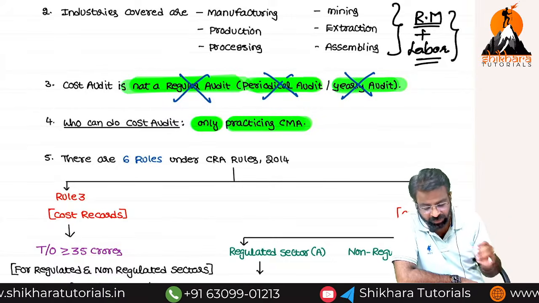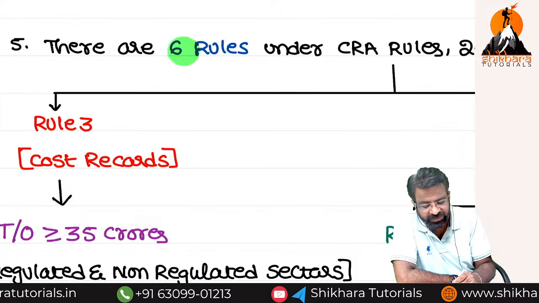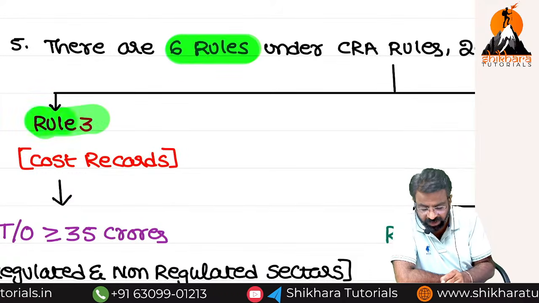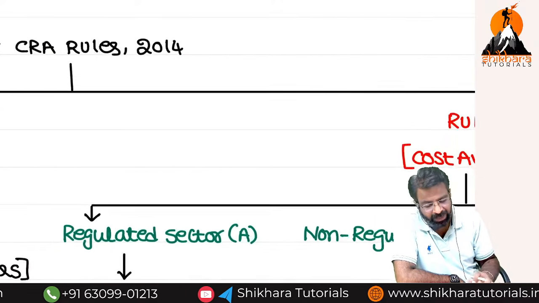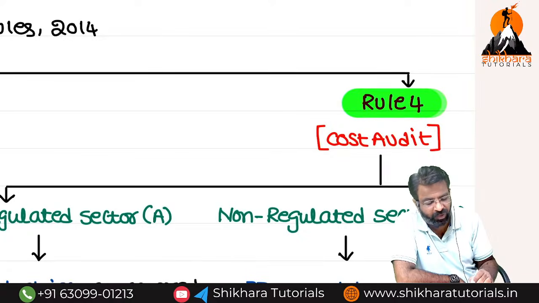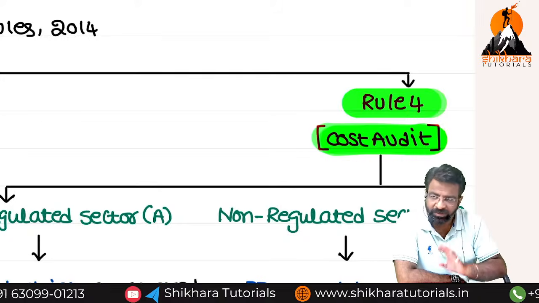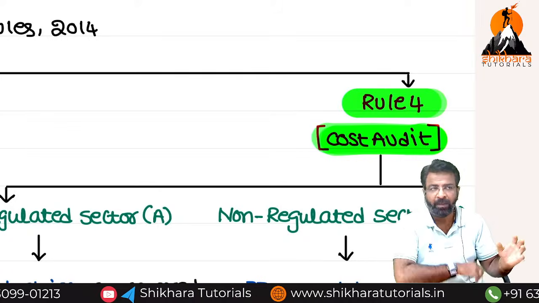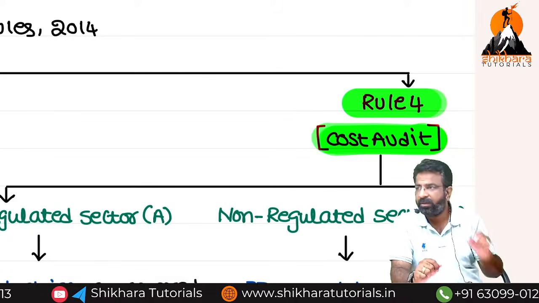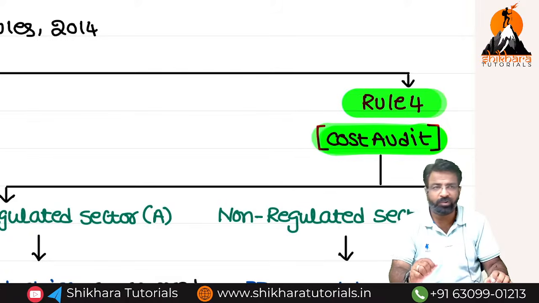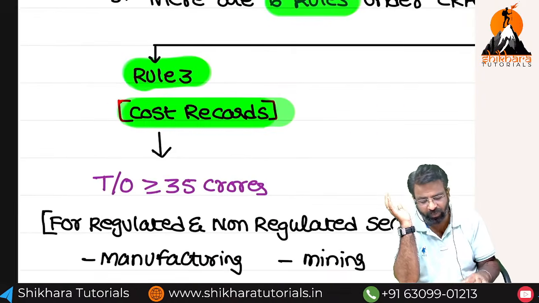Rule 3 talks about cost records, and Rule 4 talks about cost audit. Put together, we call them the CRA rules. What do we call them? Cost Records and Audit rules. So cost record is a separate rule, and cost audit is a separate rule.